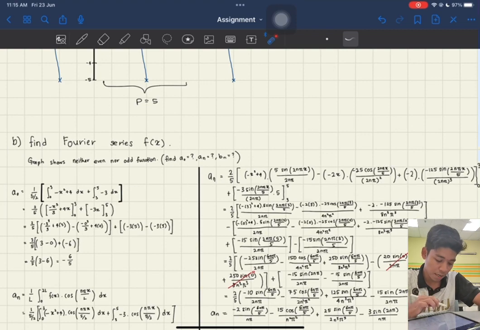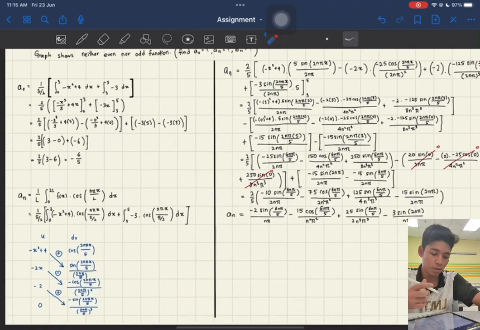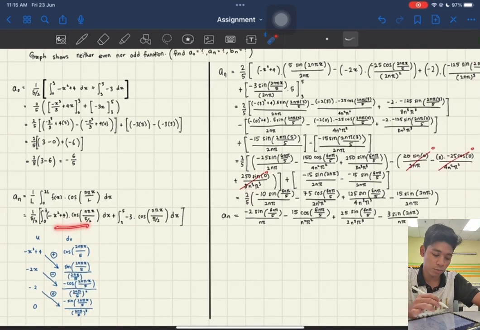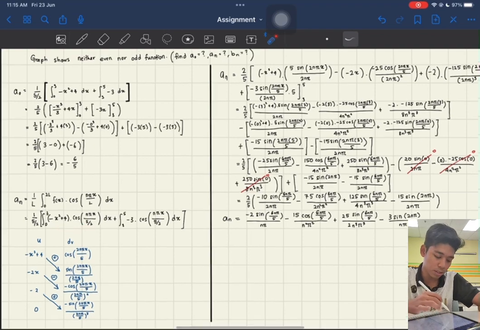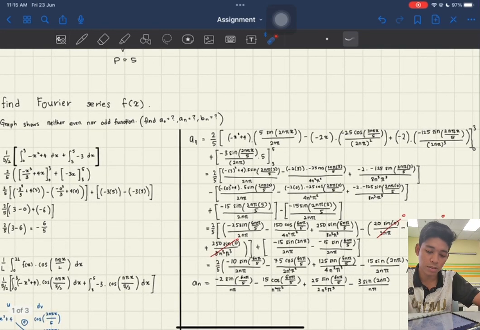Next, for the an, we use the formula of 1 over L, 0 to L limit. We put our function fx and times cos n pi x over L. After we insert the first function and second function, to solve the first function we need to use the by parts method. So this is our UDV table, and after we solve the UDV table, we put it inside the integral equation.